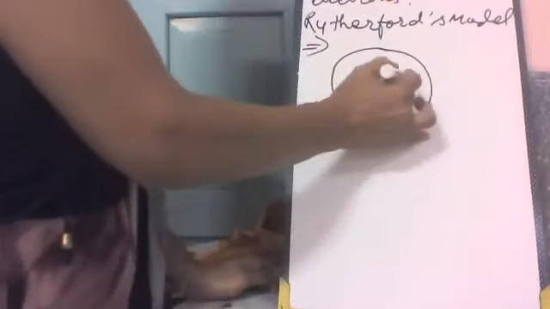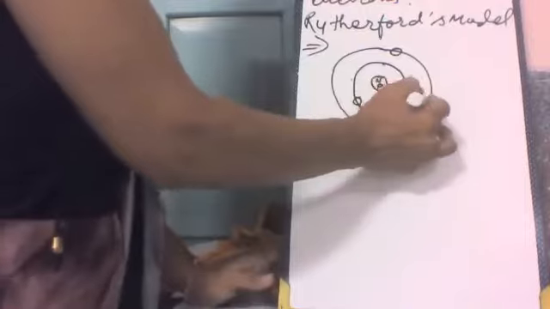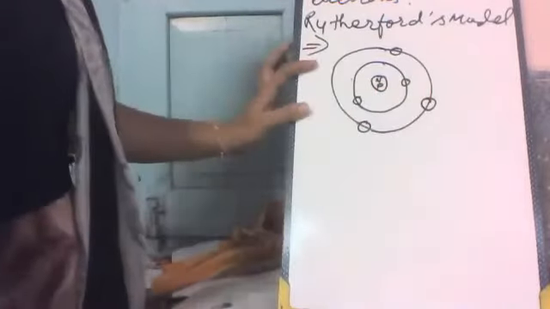Here is the nucleus. Same as the planets move around the sun. This is given by Rutherford.